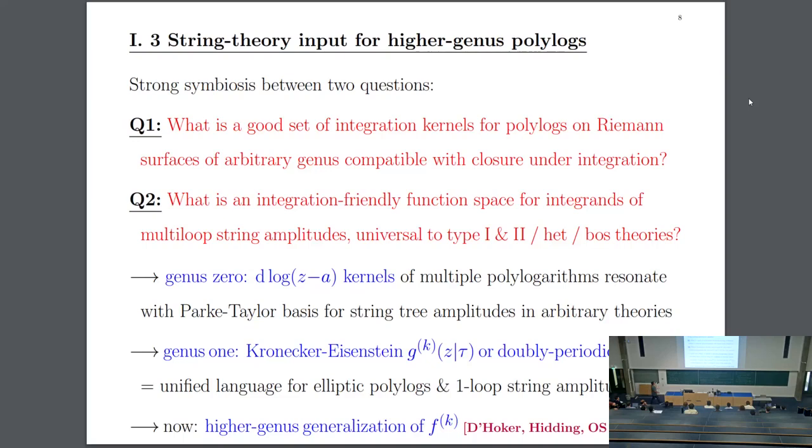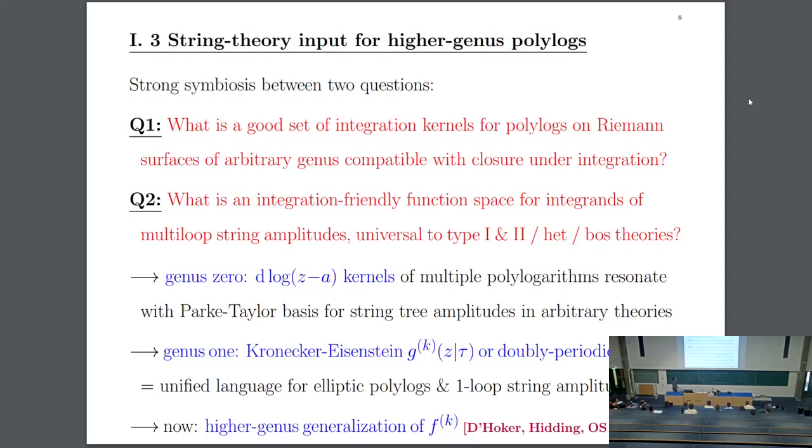Just to recapitulate, these function spaces informed by string amplitudes are rational functions at genus 0. That's a way to postdict that the genus 0 polylogs are actually good definitions. Then at genus 1, you have certain combinations of G functions here.